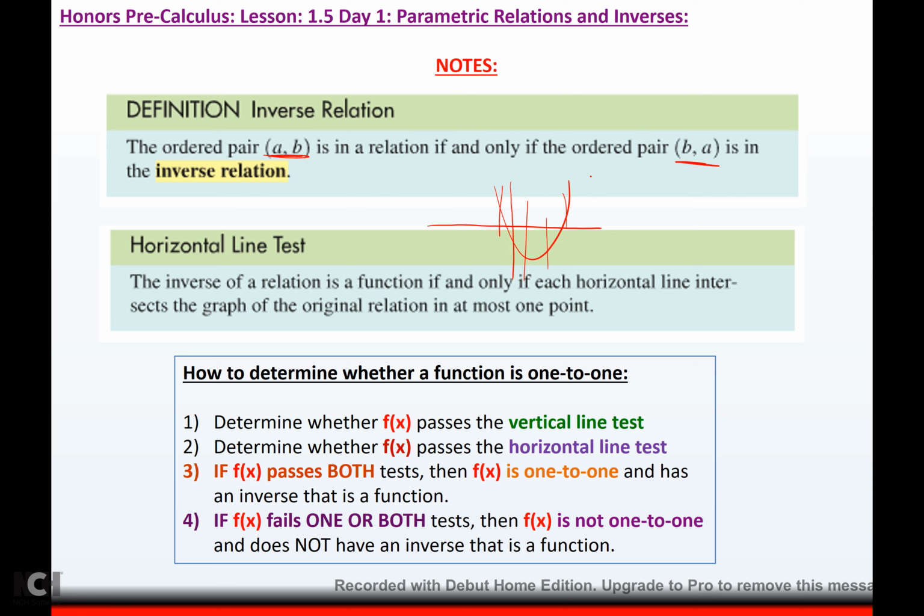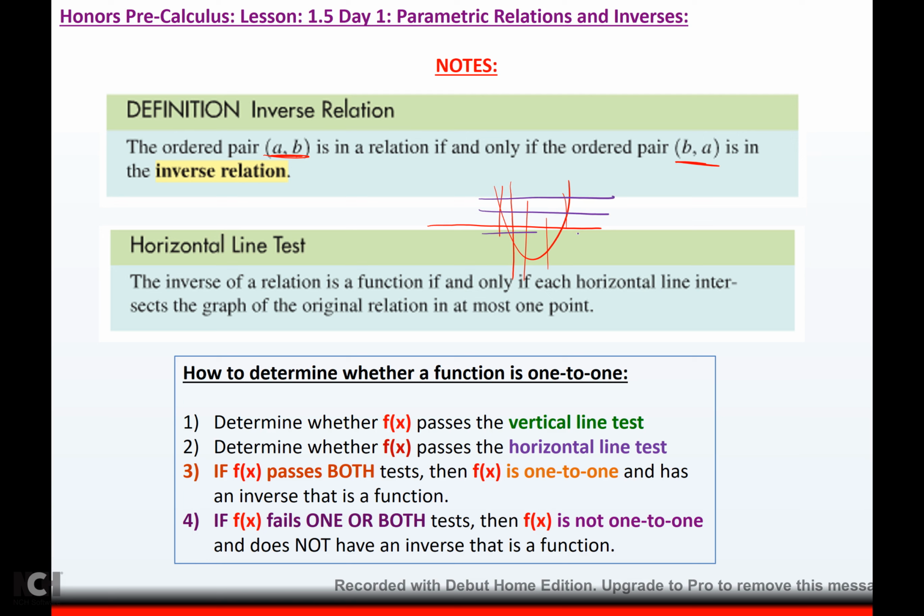The horizontal line test says the inverse of a relation is a function if and only if each horizontal line intersects the graph of the original relation in at most one point. So it's the same concept as your vertical line test, but it doesn't tell you if the relation is a function or not. It tells you whether its inverse will be a function. So in my example, my parabola is a function.